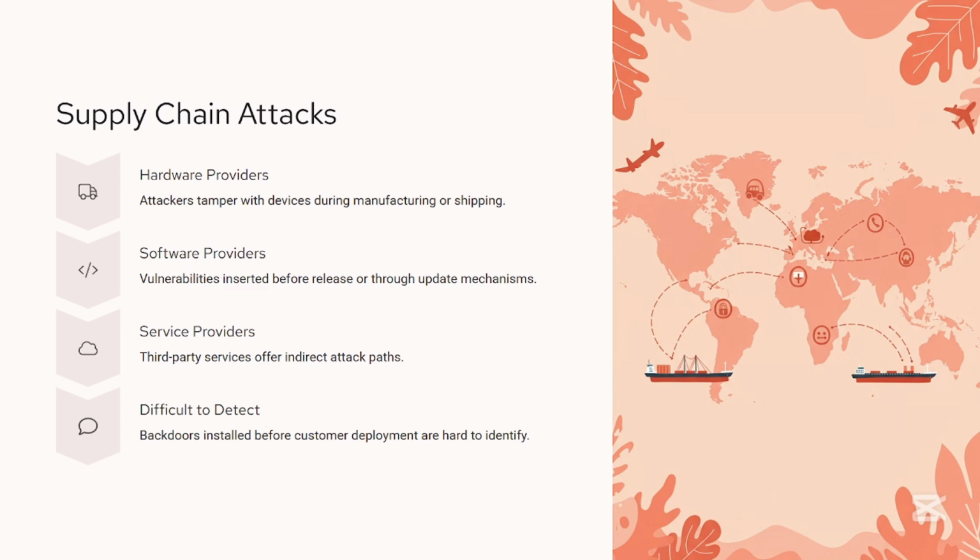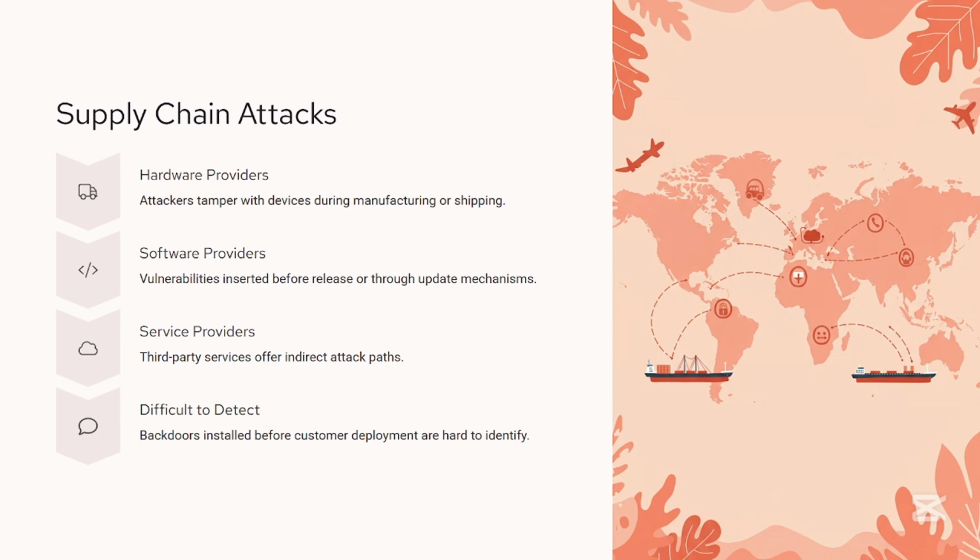During these attacks, attackers can open up backdoors for themselves, so that when the hardware products reach your premises, the attacker already has a backdoor and can access your system. Supply chain attacks can also be carried out through software providers.